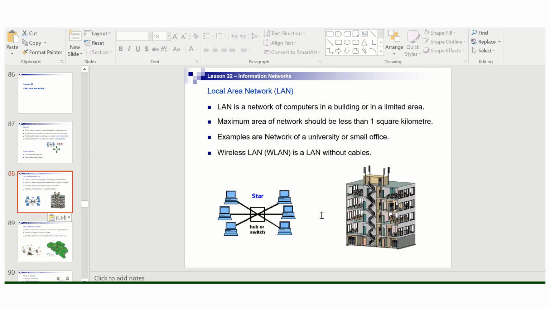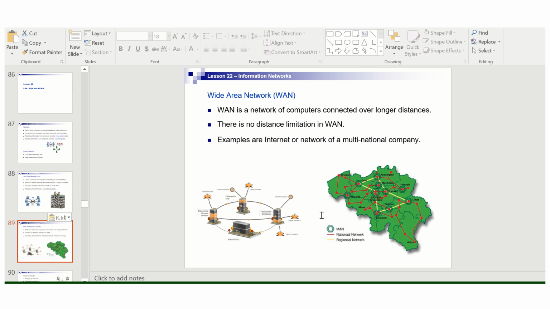All right, cool. And so let's now go to our wide area network. A network of computers connected over longer distances, and this could be you are working for a company that has offices across different provinces or cities.